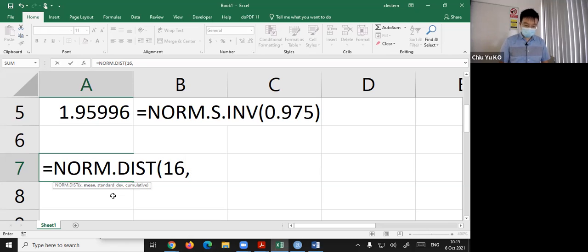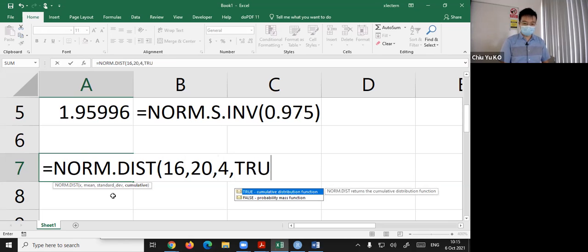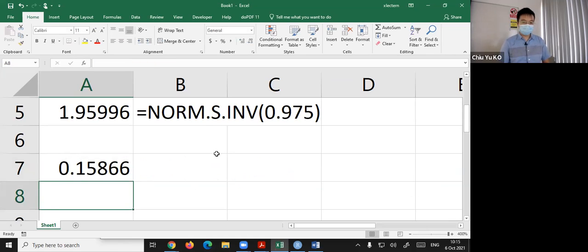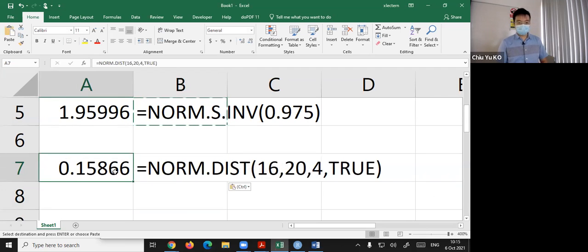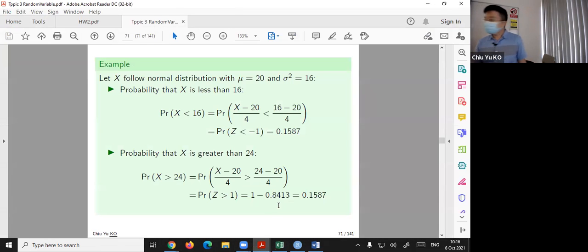The mean is 20, the standard deviation is 4, and true, always true, remember, for our class. This is how you get the answer immediately: this is the mean, this is the SD. So quickly, you know how to calculate this.